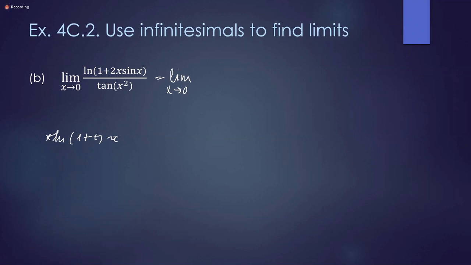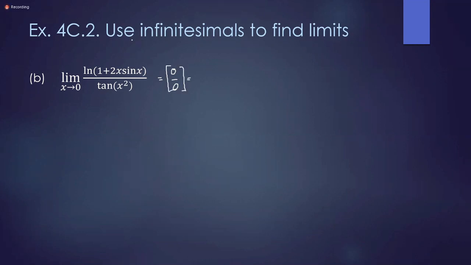So ln of 1 plus 0, of course, tends to 0. So it is 0 over 0. It is indeed the ratio of 2 infinitesimals. I should better write it like this: 0 over 0, in square brackets.